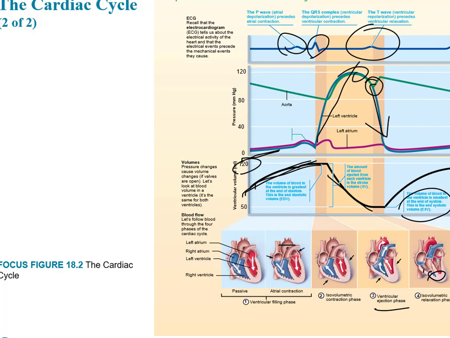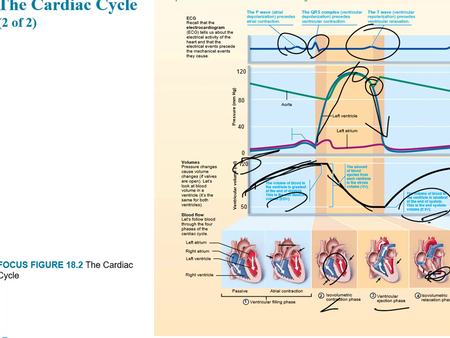And the highest level of blood, 120 ml, is called end diastolic volume, or EDV. So the 120 is end diastolic volume, the end of diastole, which is when the blood is filled in. And end of systole, end systolic volume, which is blood left behind in the ventricles, is usually 50 ml.